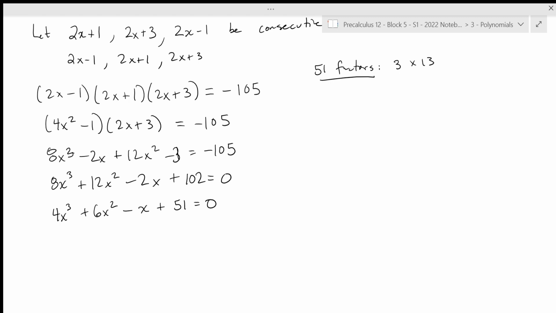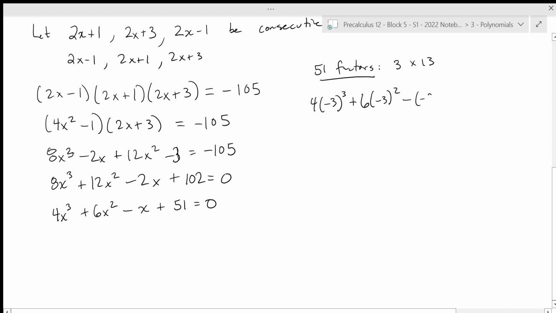I'm just going to try 3. Okay, I'm actually going to try, let's try a negative 3. So I have 4 times negative 3 cubed plus 6 times negative 3 squared minus negative 3 plus 51 equals 0.